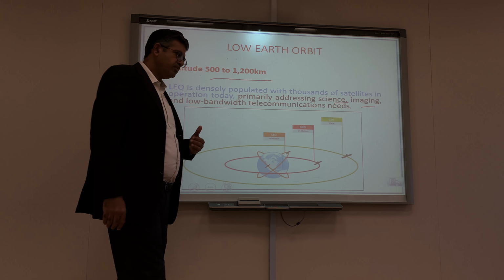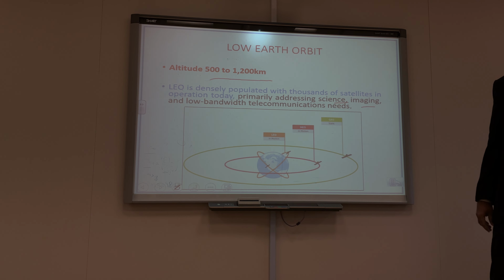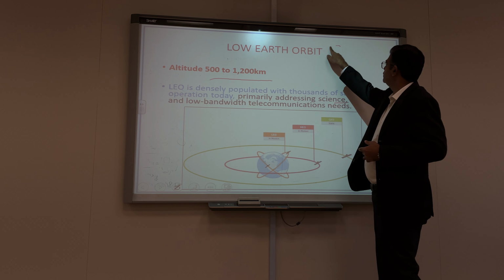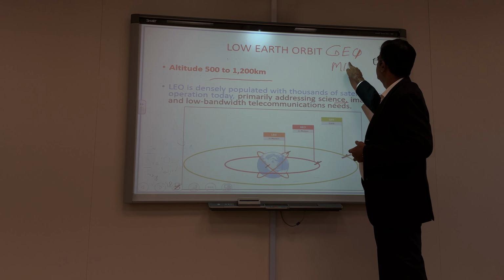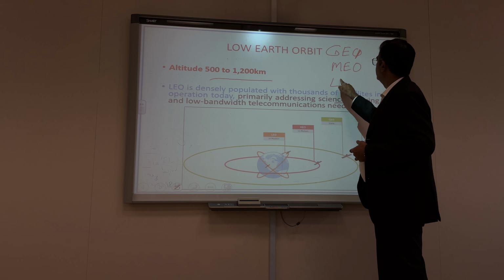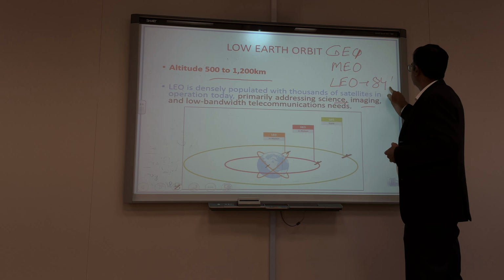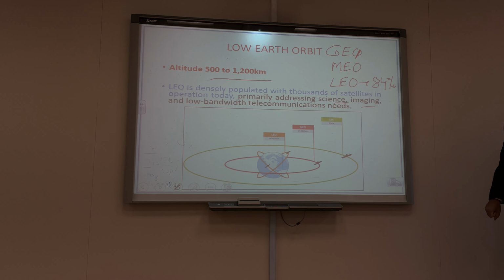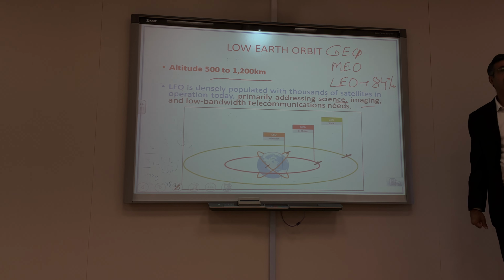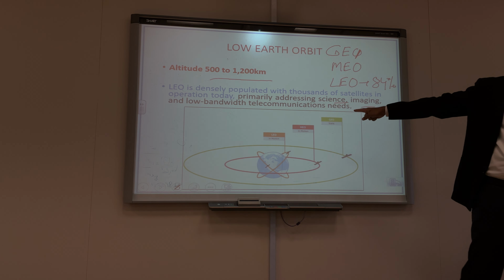So, if you look at the number of satellites in the different Earth orbits, you have the GEO, you have MEO, and LEO. Almost 84% of the total satellites are placed in LEO.